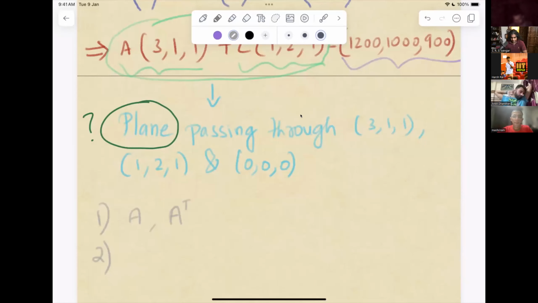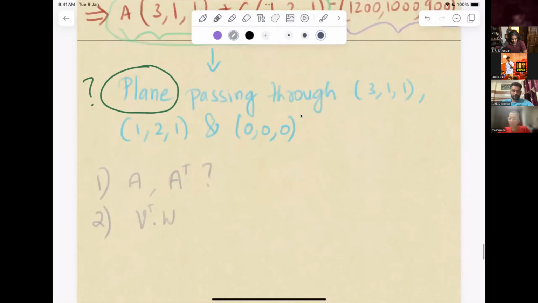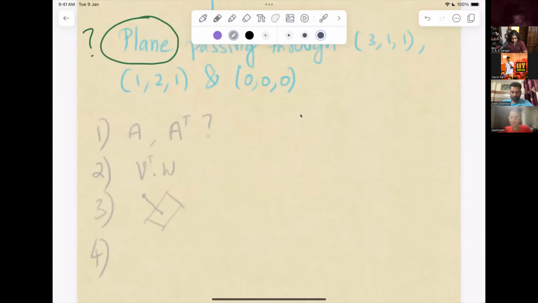So A transpose, we will see the importance of dot products, V transpose W. We will find the perpendicular drop from a point to a plane, which is what we are seeing. We will see a very powerful idea called the Gram-Schmidt process. Don't worry, this sounds very complicated, but it's very easy.